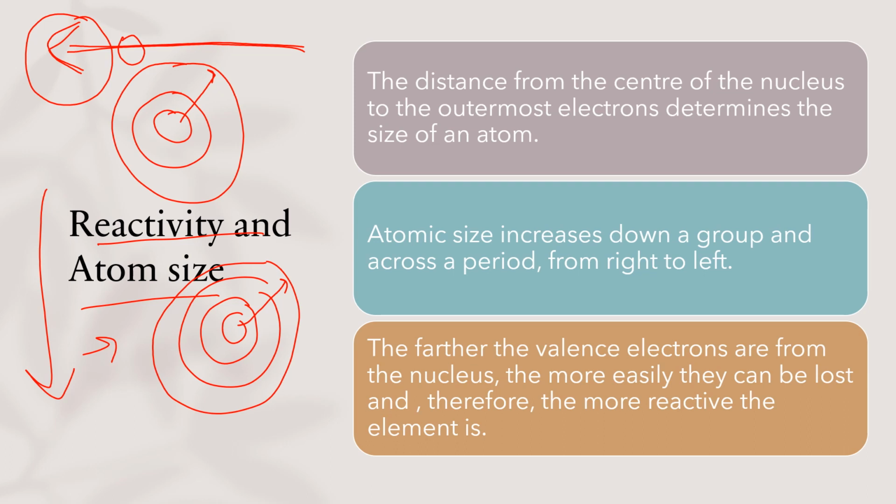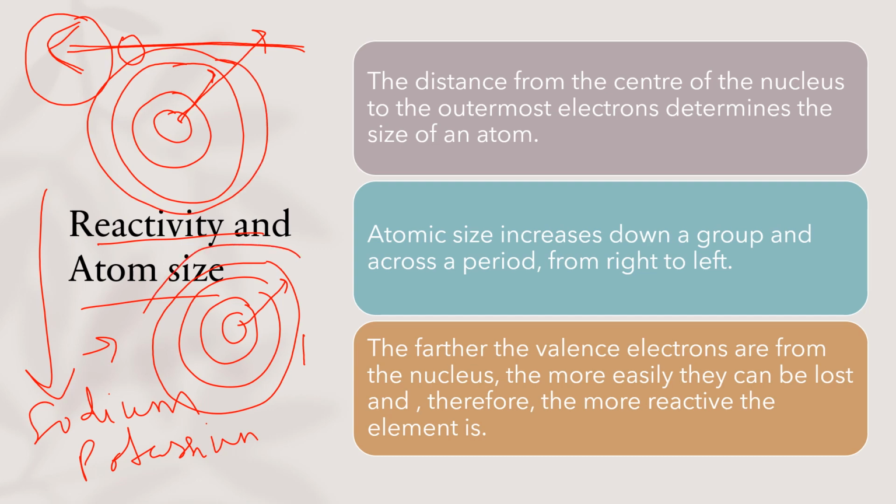The farther the valence electrons are from the nucleus, the more easily they are lost, and therefore the element is more reactive. Let's take the example of sodium and potassium. Both have 1 valence electron. But sodium has its valence electron in the 3rd energy level and potassium has its valence electron in the 4th energy level.